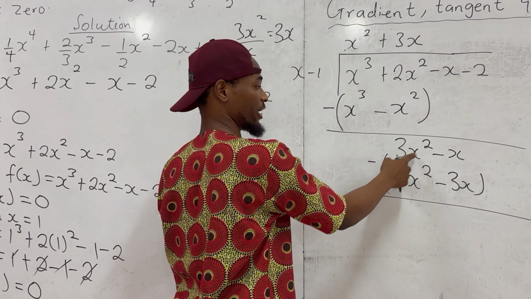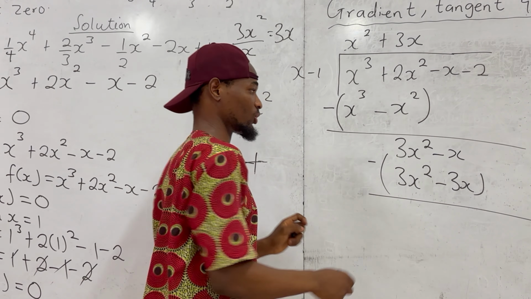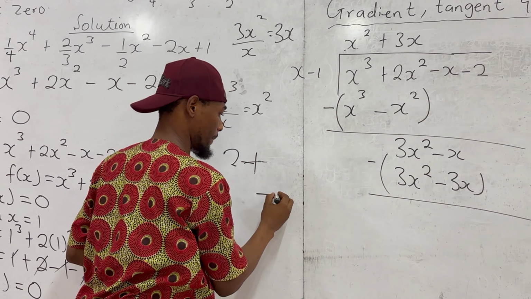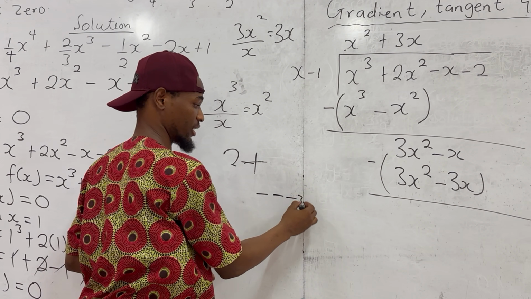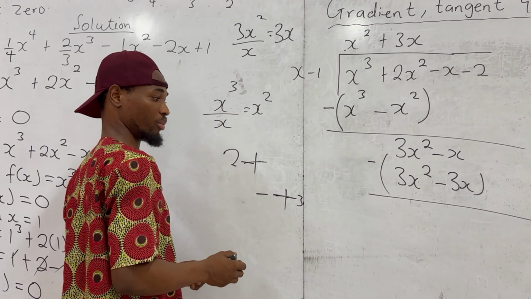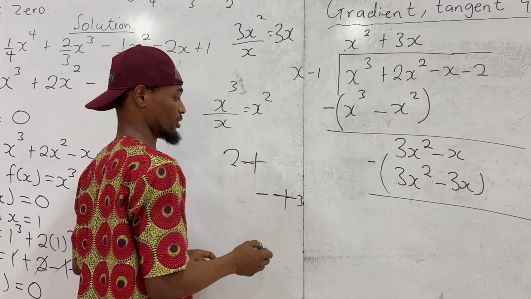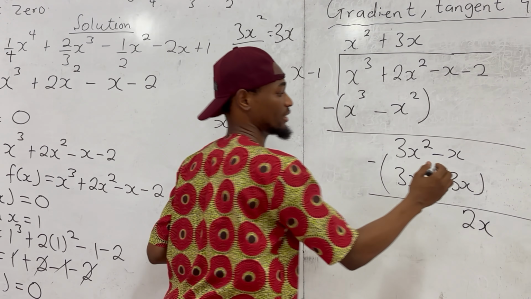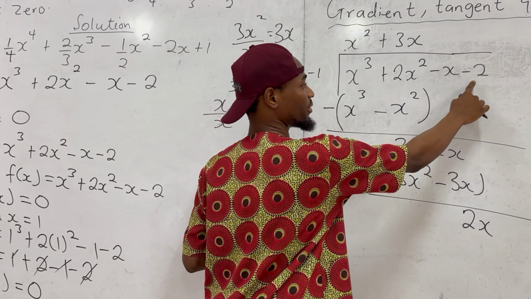So 3x squared minus 3x squared gives 0. So we have negative x minus 3x, so this will be positive 2x. Then I will drop this.